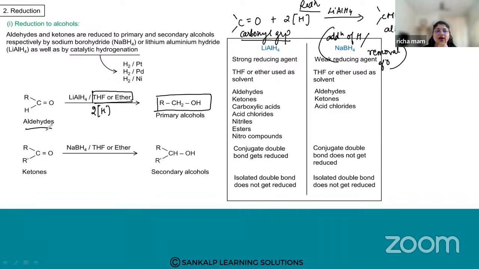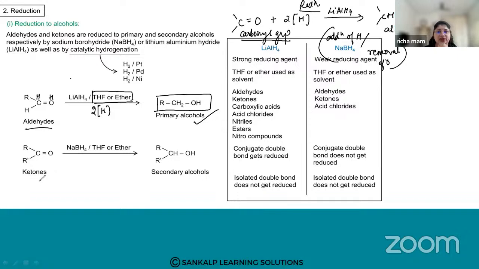So here one hydrogen is added to the carbonyl, and you get RCH2OH. After removing this double bond, hydrogens are added across it, so you get a primary alcohol.